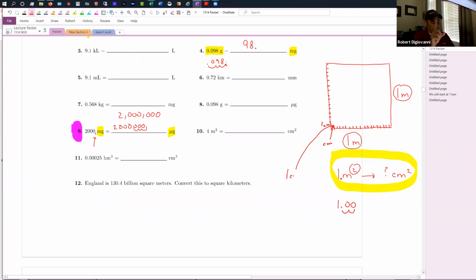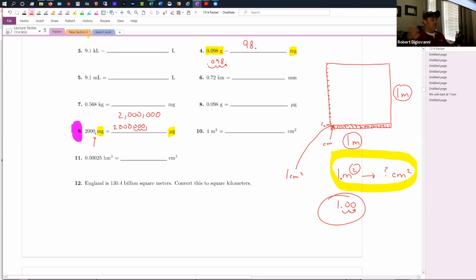That's 1 square centimeter. How many of those little boxes would I have just along that first row, down across the bottom? 100, right? Because there are 100 centimeters across. And so by moving the decimal point 2 places, didn't we say that we would have 100 square centimeters?